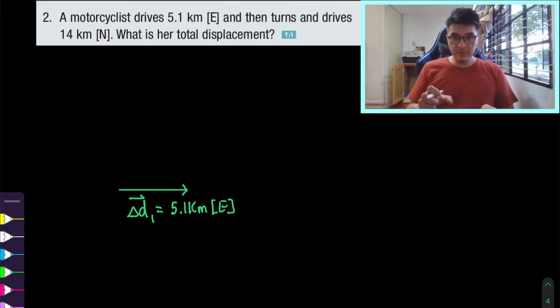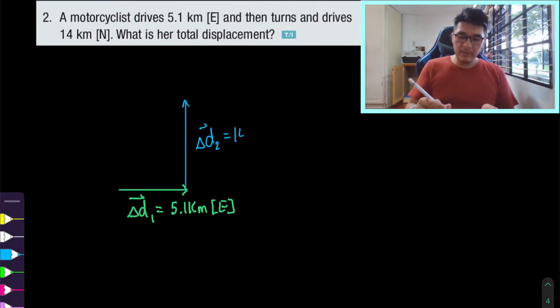And after this displacement, she turns and drives 14 kilometers north. So the second displacement, so that's why we can call this delta D2, is 14 kilometers north.